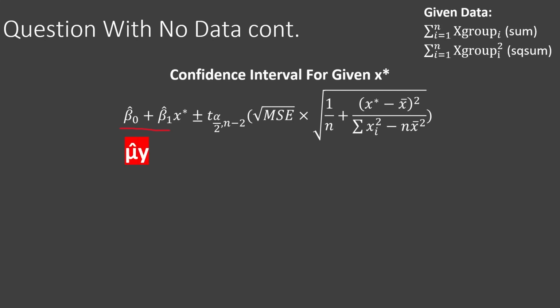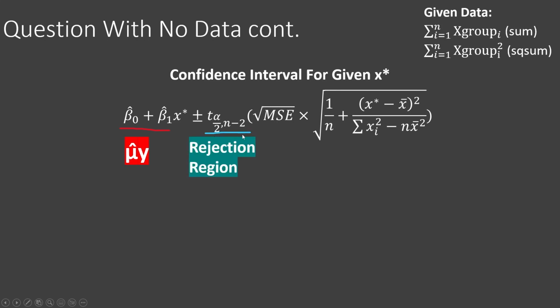This first part right here is essentially your mu hat of y, and it's basically just the mean response of y. The reason why it's a mu hat is because technically you're using a subpopulation, so this confidence interval is not a full representation of the whole population. So yeah, that's why it's the mu hat.